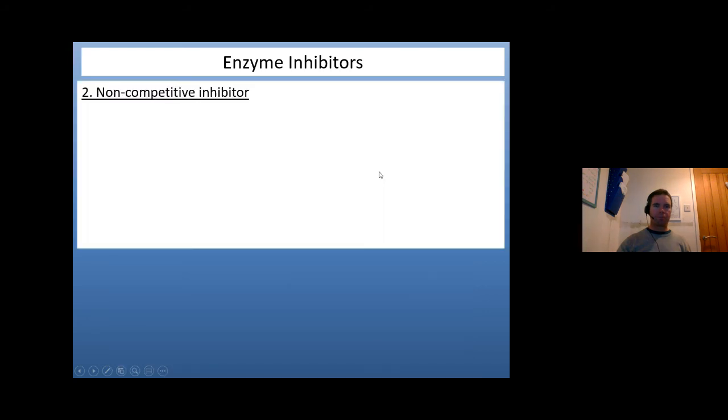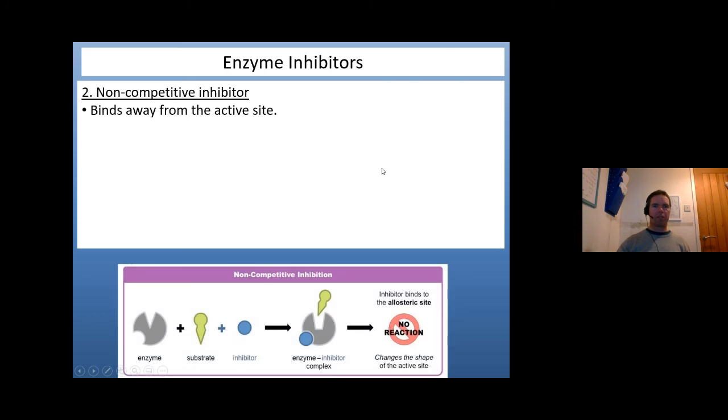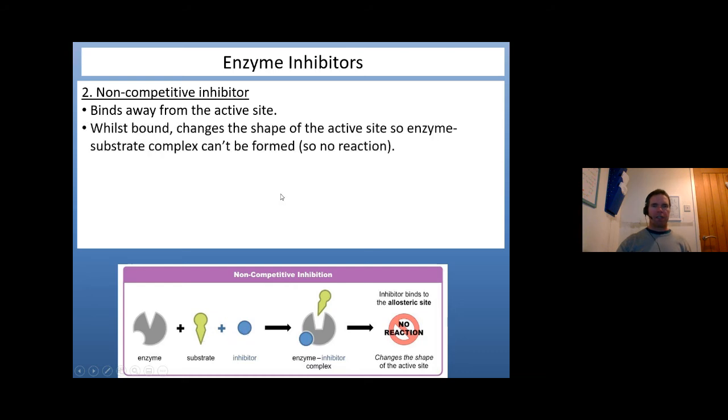Now, the other type is a non-competitive inhibitor. A non-competitive inhibitor does not bind at the active site. It binds away from the active site. It is not competing, hence the non-competitive. You can see the shape of the inhibitor is different to the substrate. Instead, it binds away from the active site, at what is sometimes referred to as an allosteric site.